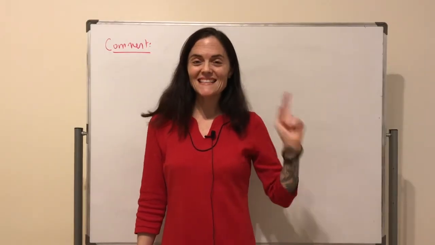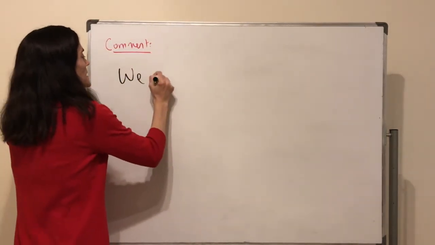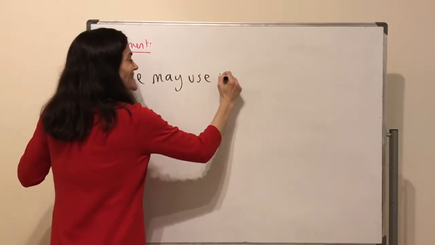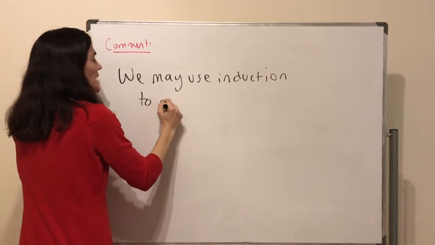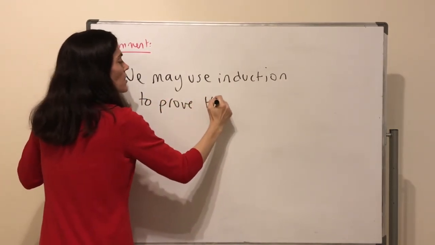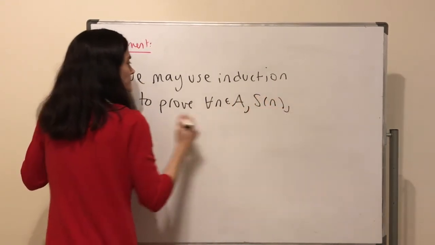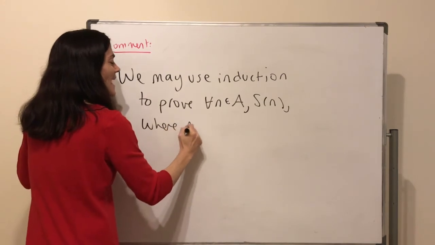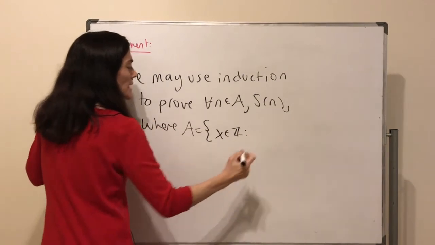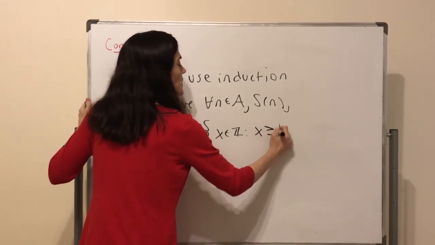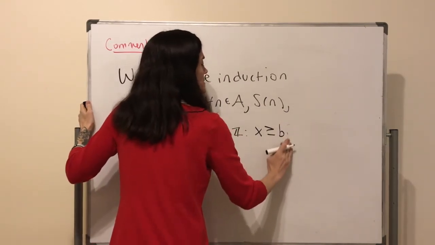Before we move on to the next example, I want to just make a comment, and that is we may use induction to prove statements of the form for all n in A, S of n, where A is, well, you can take integers that are bigger than or equal to some number B, and here B is an integer.